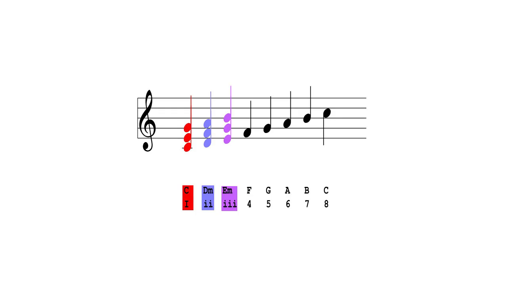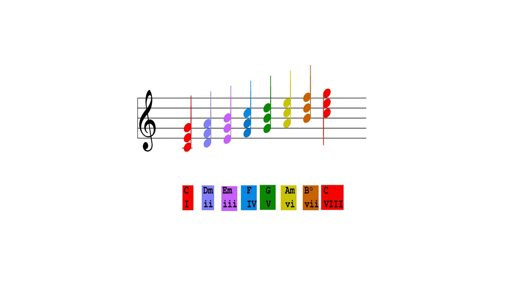Notice that although all these chords look similar at first glance, they are in fact a mixture of three different types of chords. The first, fourth and fifth chords are major. The second, third and sixth are minor, and the seventh is a diminished chord.